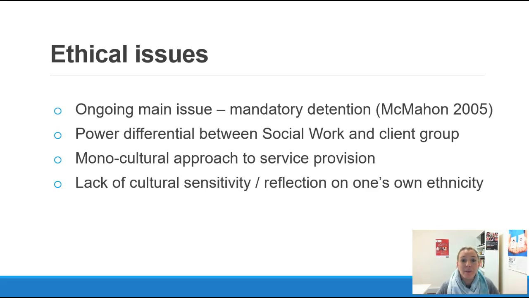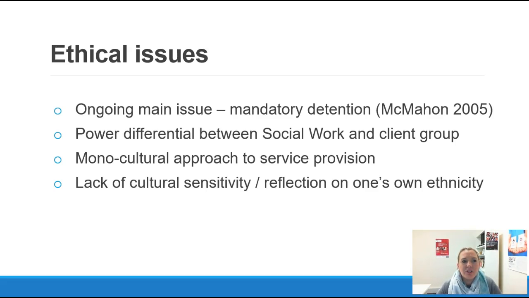A lot of your resources and programs are not only written by white people, but they're in English and they're delivered in a way that may be culturally inappropriate for other cultures. So we need to really think about the way we work in what is at times quite a monocultural setting, as well as a lack of cultural sensitivity and reflection on one's ethnicity.